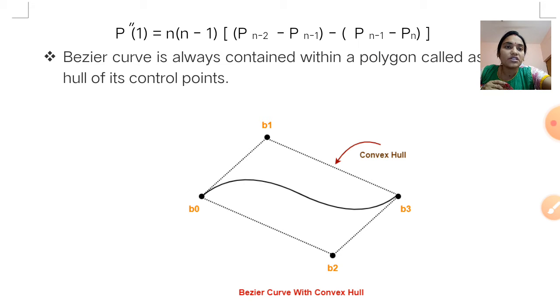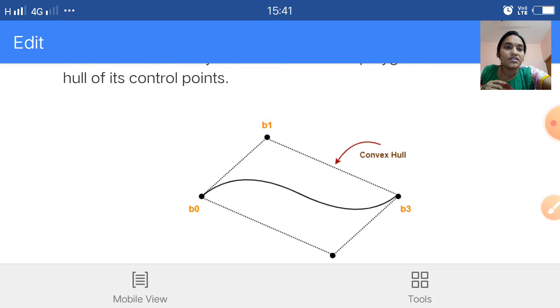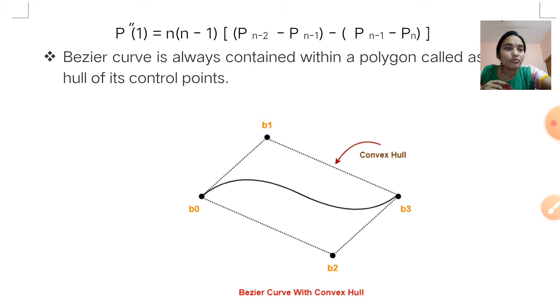How is this represented? B0, B1 means the curve is upwards. Then B2 is downwards, so the curve is downwards. Then B3. In this way the curve lies within the convex hull polygon.